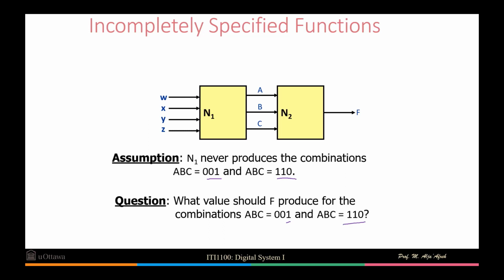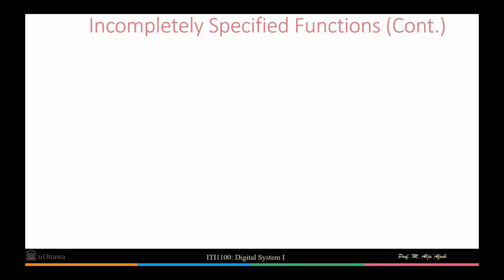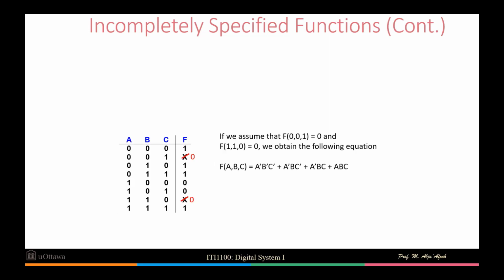Frankly, we do not care, okay? Actually, we're going to use that combination to our favor. So let's assume that function F will be equal to 0 whenever I have input 001 and input 110.